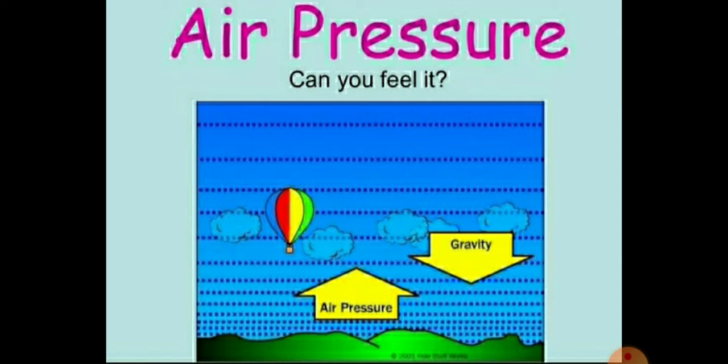As last Friday, we have started with our new chapter that was air pressure. Today, we would be continuing with our same topic, air pressure. Before that, I would like to do some revision of what we did in our previous lecture.